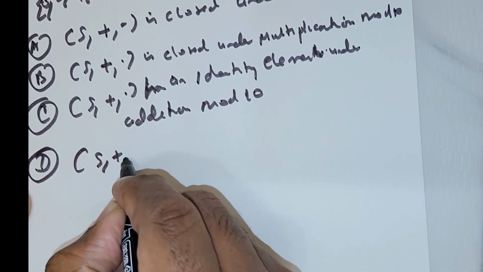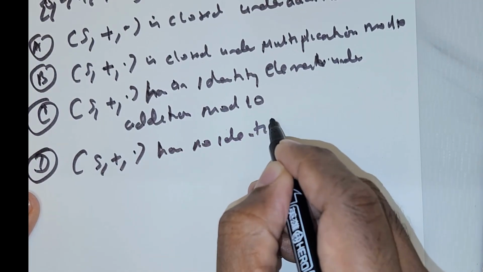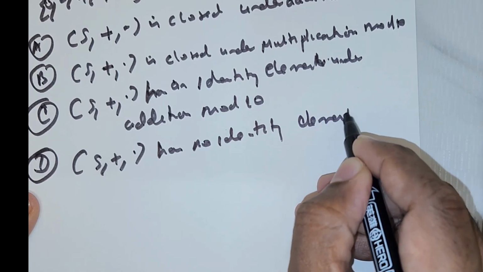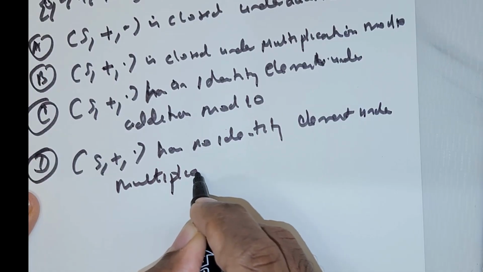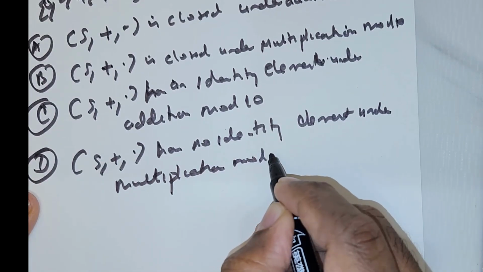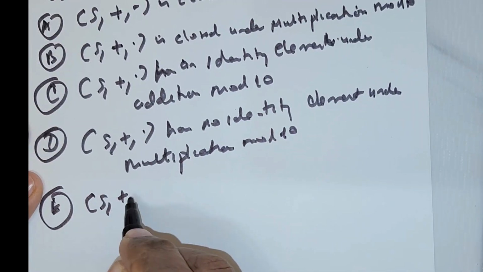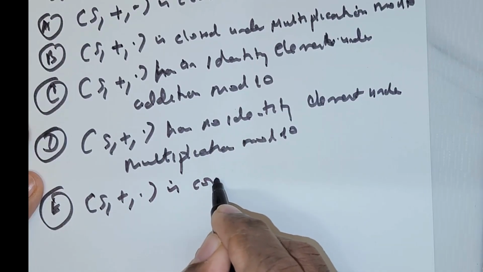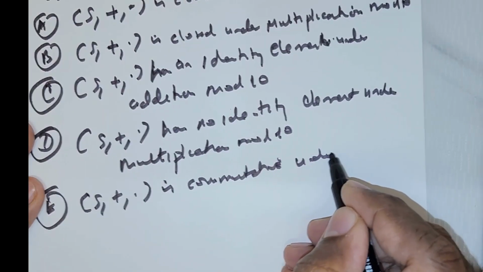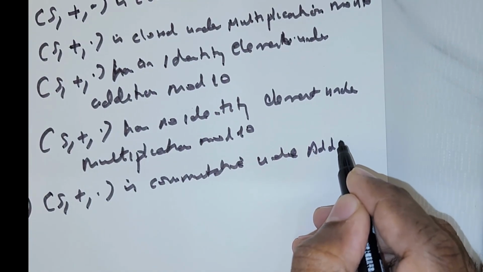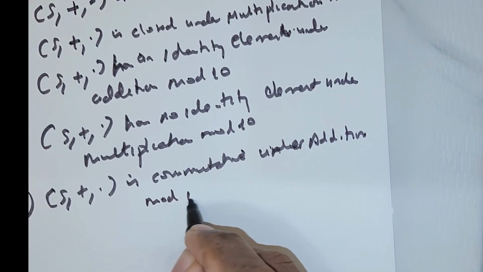D, S under addition and dot has no identity element under multiplication mod 10. E, S under addition and dot is commutative under addition mod 10.